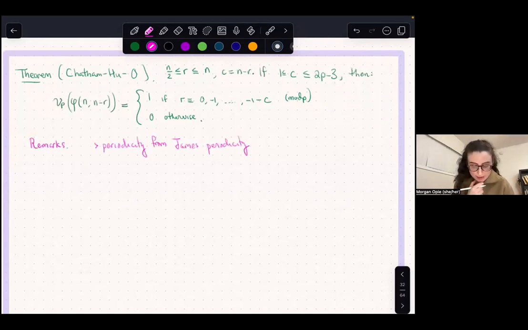Okay, so a couple remarks about this. The periodicity comes from James periodicity. That's what multiple of the universal bundle on CP^l is stably trivial.